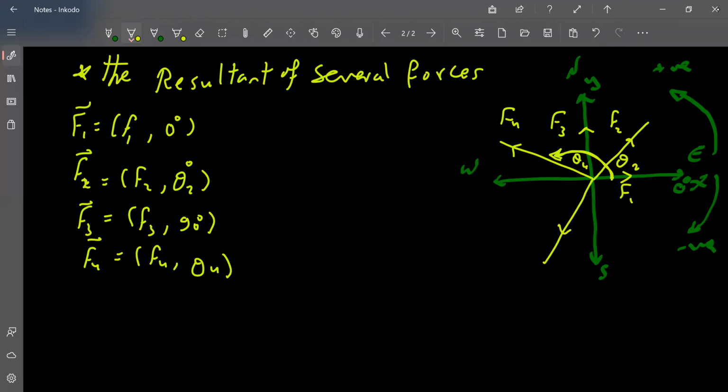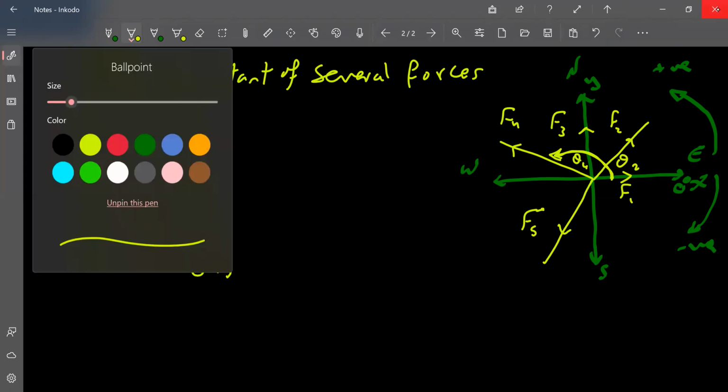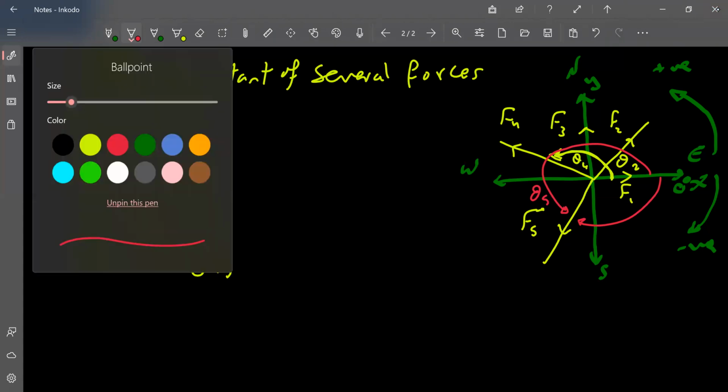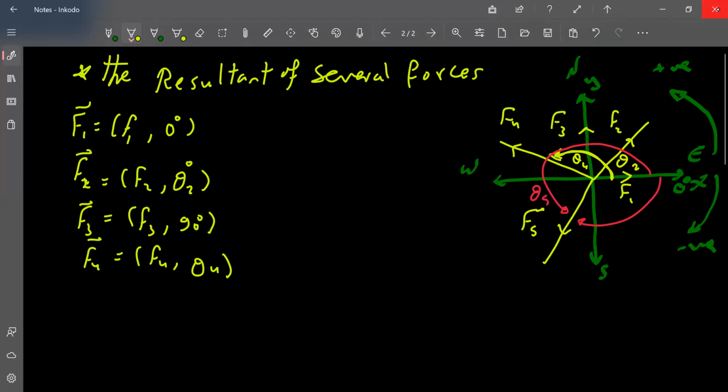Then F5, which makes theta 5, or the negative of this angle, they are the same. So F5 in its polar form is F5 and theta 5.